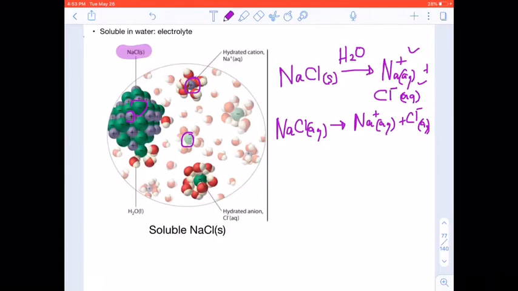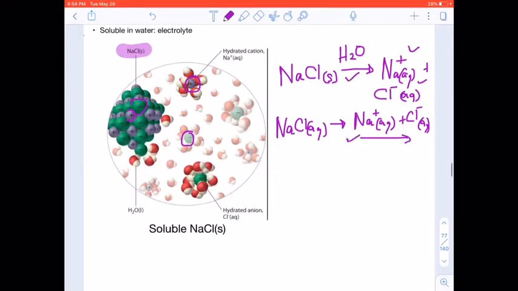So for all ionic substances that are soluble in water, we can dissociate the substance into its ions like that. So that's one way of writing it, or we could write it like that.